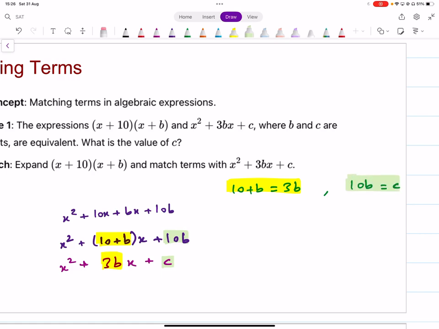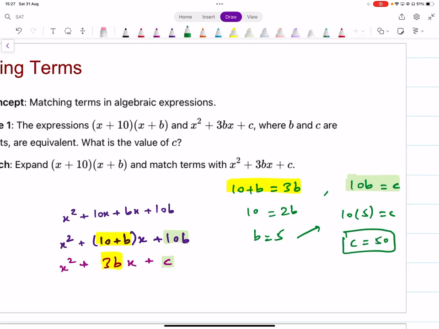If the two expressions are equivalent, they should have the same coefficients of x squared, of x, and the constant term. Now we have two equations. We can solve these two equations. The first one gives us 2b equal to 10. And the value of b turns out to be 5. Put that in the other equation now. 10 into 5, that equals c. So the value of c is 50.